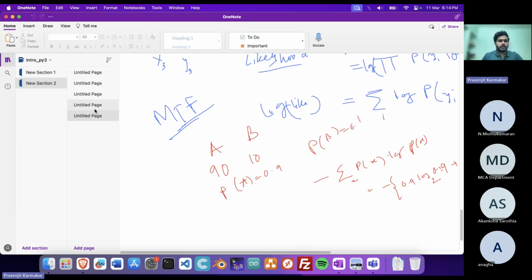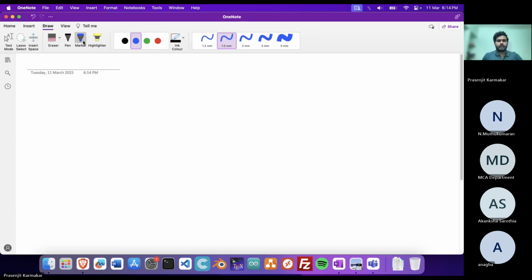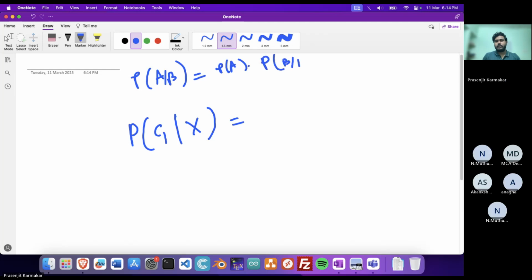We have the probability of a particular class, let's say C1, given a particular data X. If you remember, P of A given B is P of A times P of B given A, divided by P of B. That is exactly what we are doing.